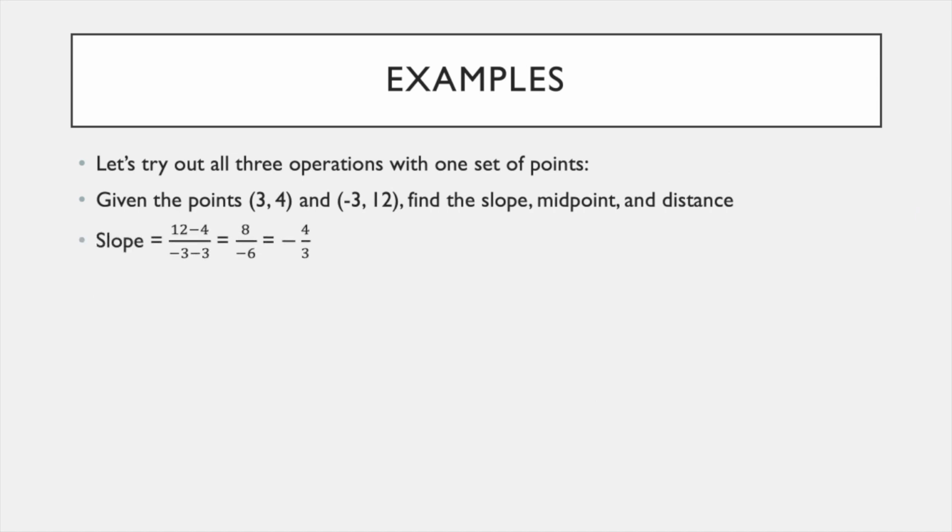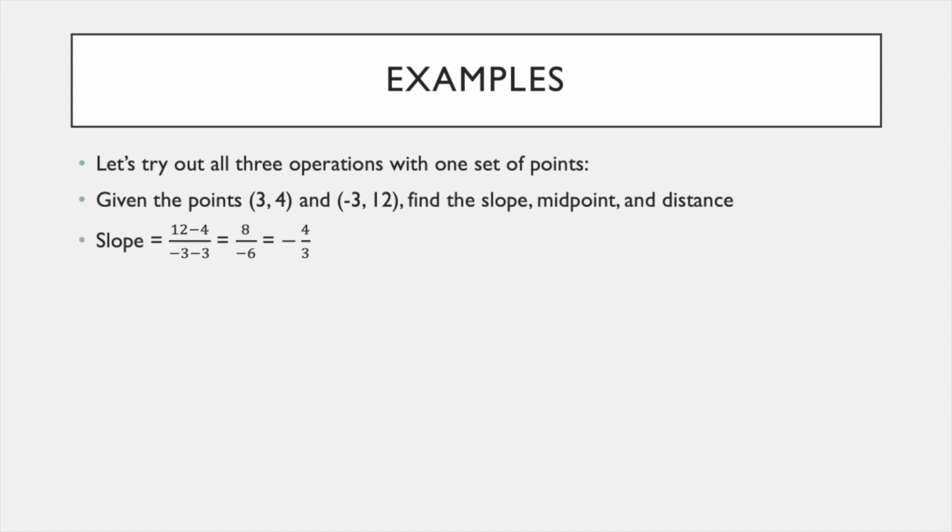So for the slope, you're going to do the y part of the second coordinate, which is 12, minus the y part of the first coordinate, which is 4, and that's in the numerator, 12 minus 4. So the numerator is 8. For the denominator, you're going to do the x part of the second. So since you did 12 minus 4 for the y part, you have to do -3 minus 3.